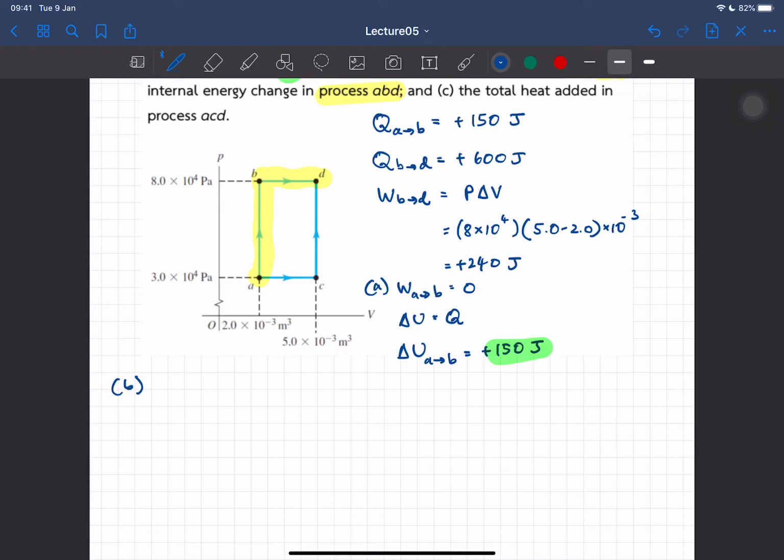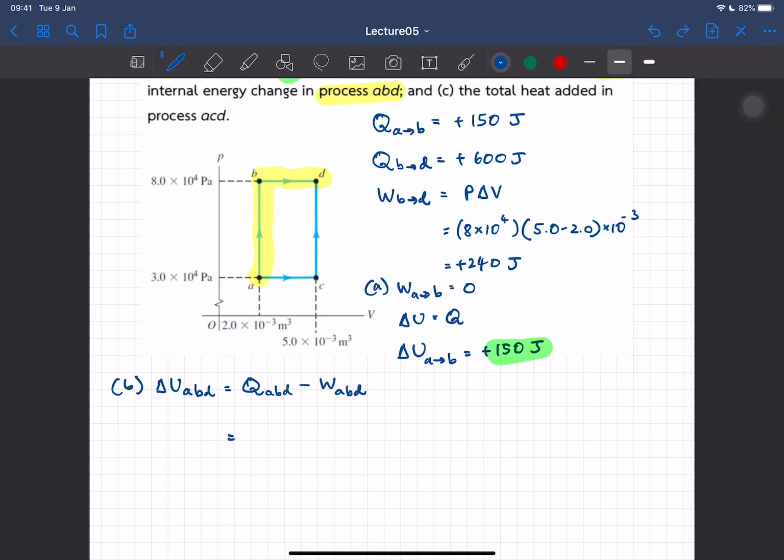So delta U from A to B to D is essentially Q from A to B to D minus work from A to B to D. There are actually 2 ways to do that. You can just use the point here, which you already calculated from the earlier problem, or you can do one at a time from the beginning. That's what I'm going to do here.